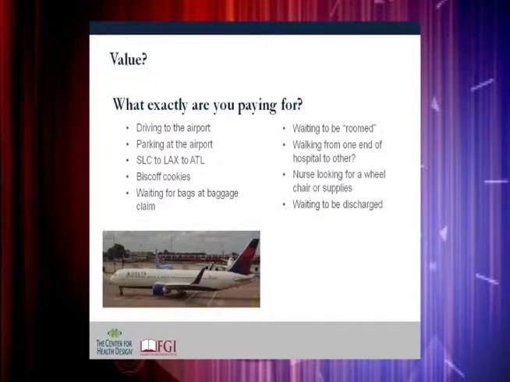Possibly. Having to park and get on a van and go from the van to the airport, is that value? I think it's starting to be questionable at that point. When I'm in Salt Lake City and I want to fly to Atlanta and I go to Los Angeles, is that value? Or is that waste? That's waste, right? That's clearly waste.